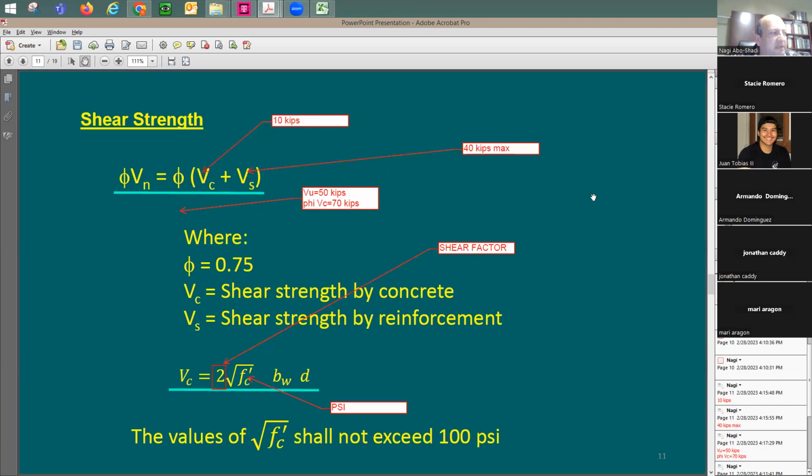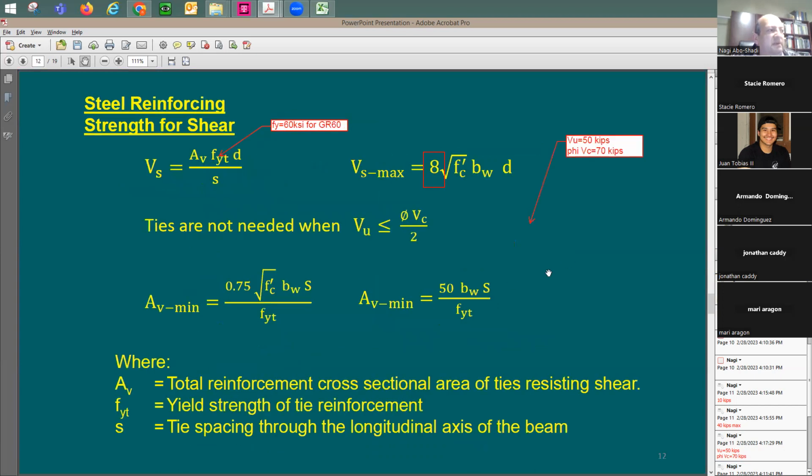To answer this, I'm going to go through the condition given by the code. It says, if V sub U, the demand, is less than or equal to 1/2 of the concrete strength, you don't need any ties. So let me check this condition. V sub U is 50.